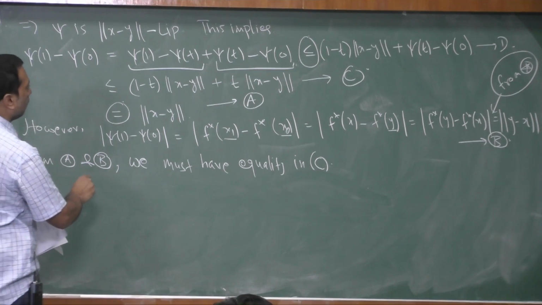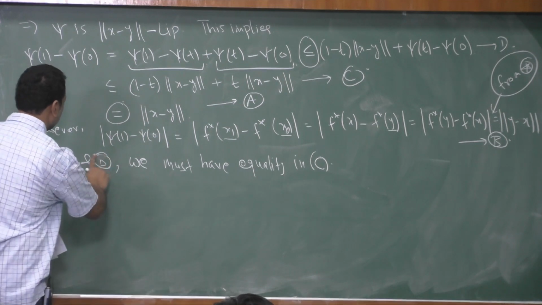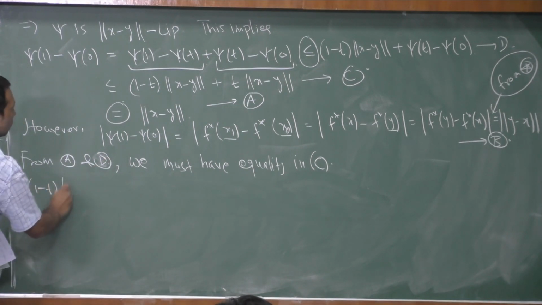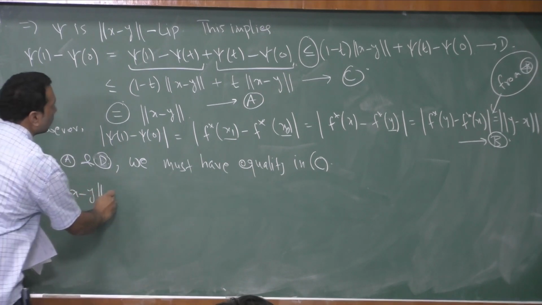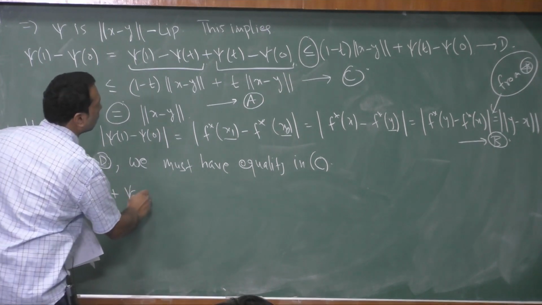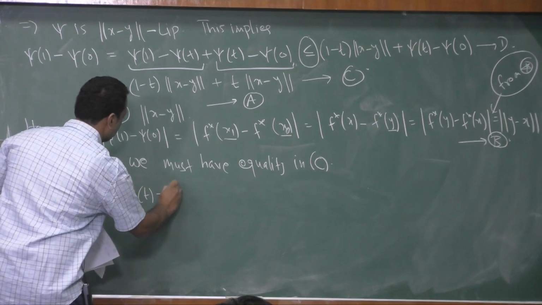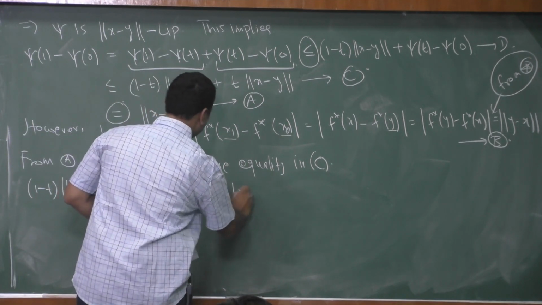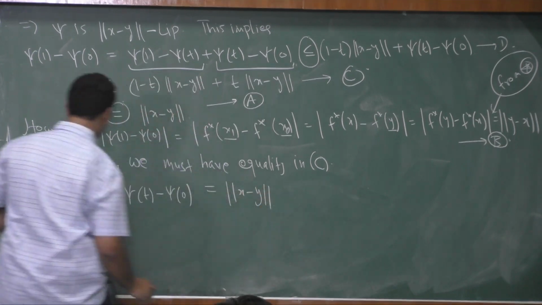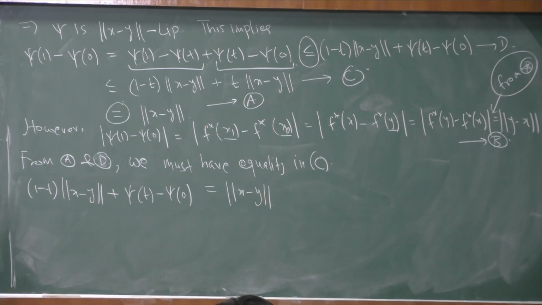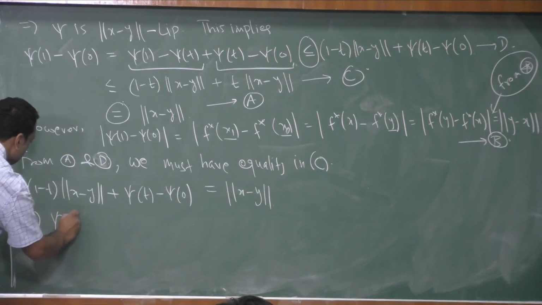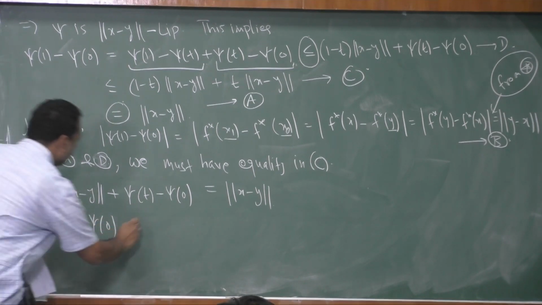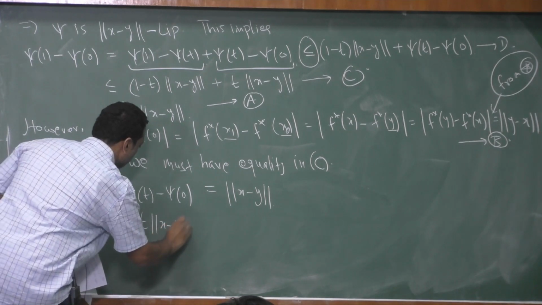From A and D, what we have is 1 minus t norm x minus y plus psi t minus psi 0, which is equal to norm of x minus y. Now this implies psi t minus psi 0 is t norm x minus y.